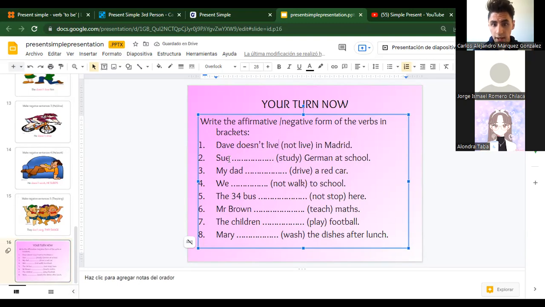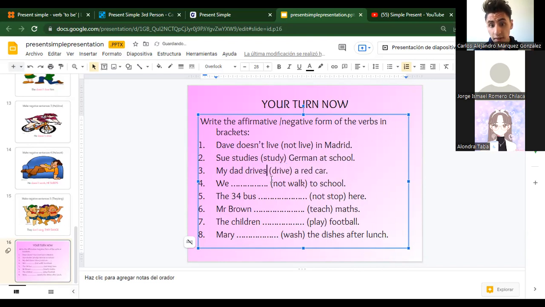Sue, I think, is the name of a girl, okay? So remember that we bring the verb, but we add es, okay? Sue studies German at school. My dad, mi papá. For this verb, which is drive, we only add a letter S, okay?